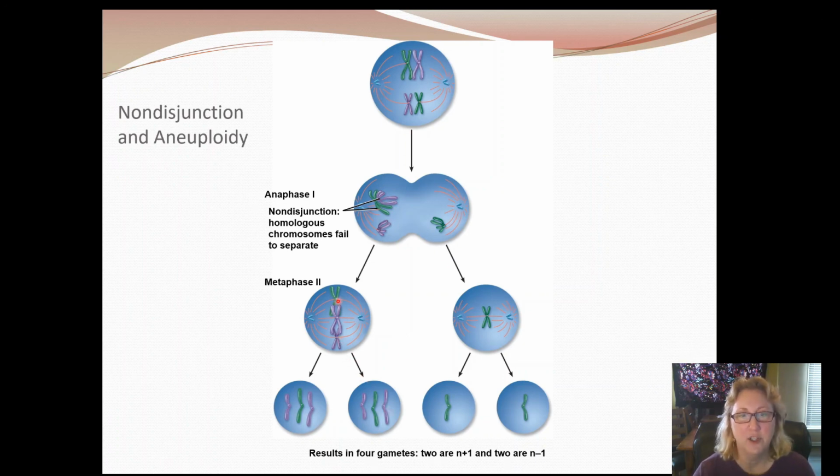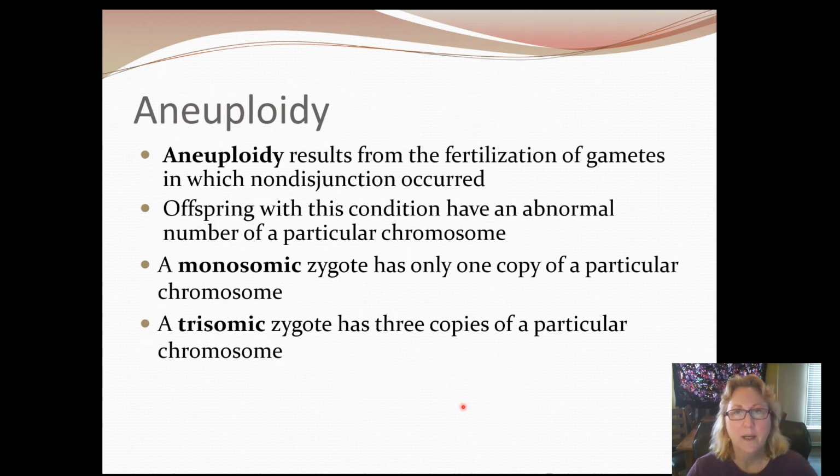In the second division, we separate the sister chromatids, and so we end up with half of the gametes having an extra chromosome, and half of the gametes missing a chromosome. These gametes should each have two chromosomes because we started out with two pairs, but instead they're all aneuploid, and some have extra and some have one.